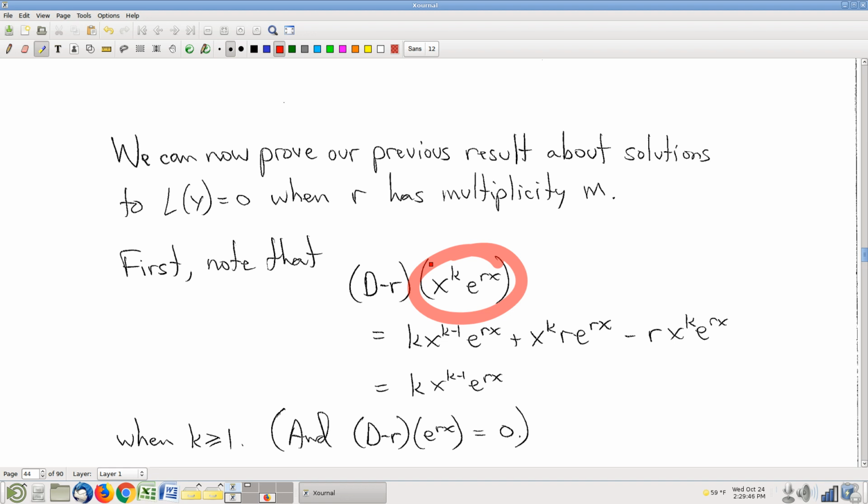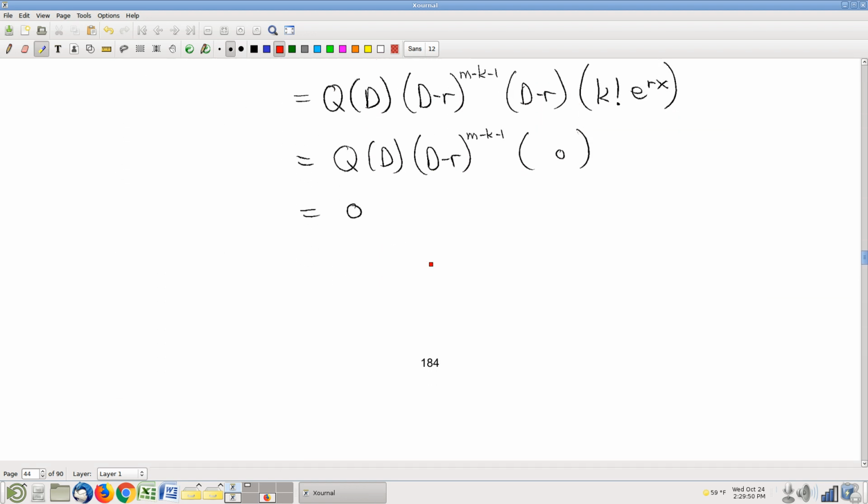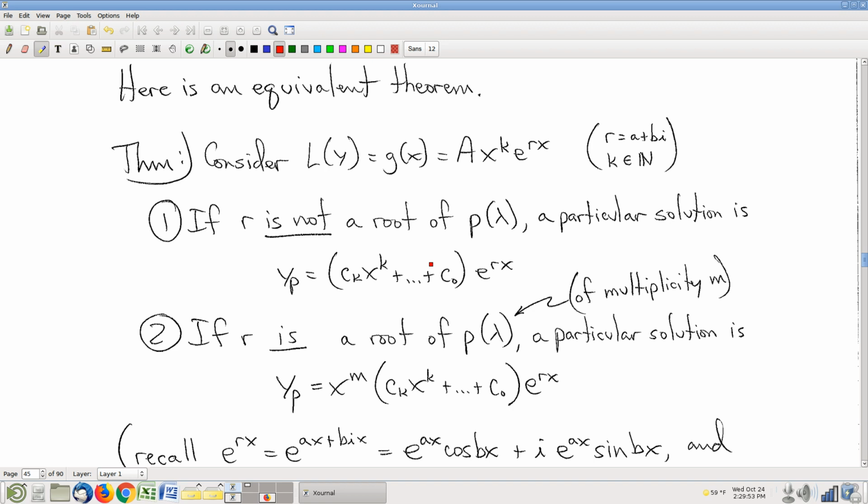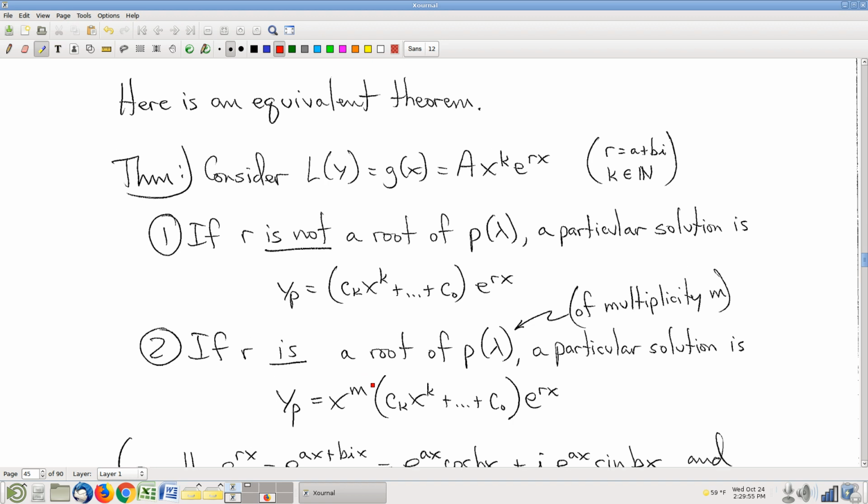We're going to prove that next time. And then another dangling issue from Chapter 4. When you're looking for particular solutions, why the x to the m? Why do you multiply the naive guess by this magic x to the m? Why does that work? I'm going to show you that next time.